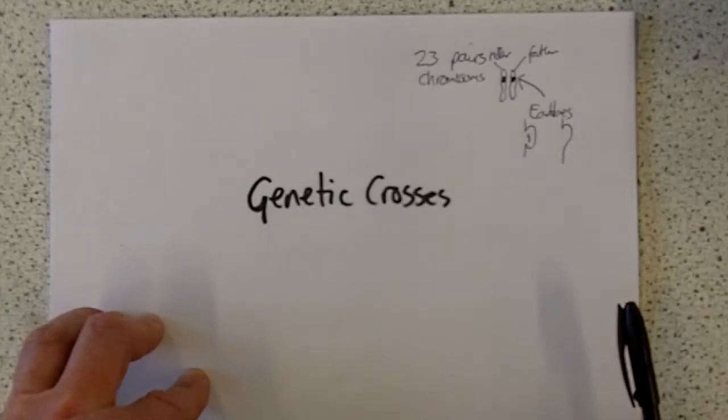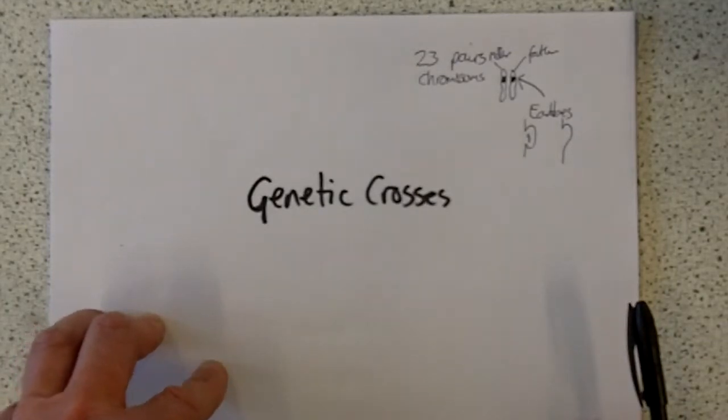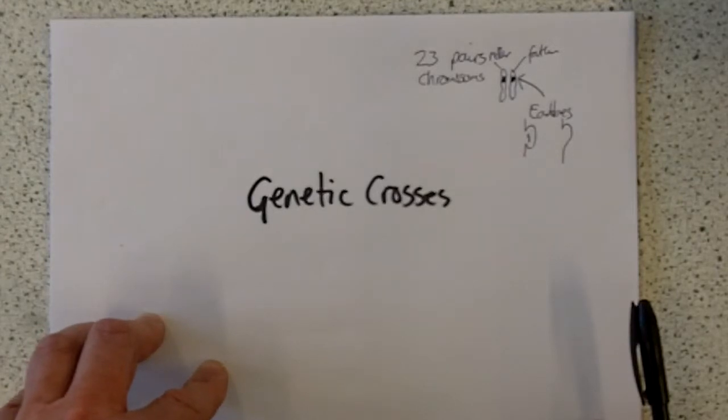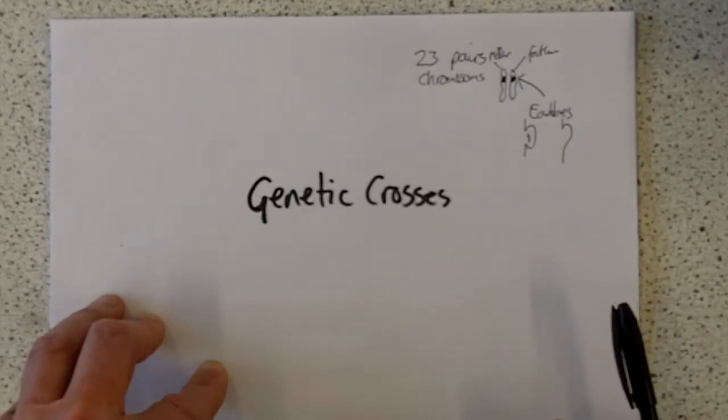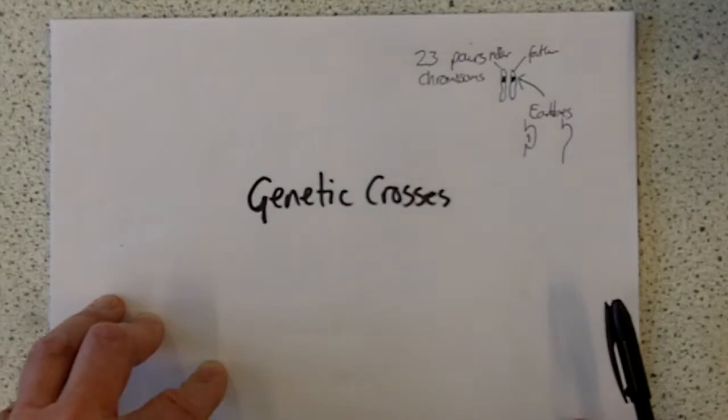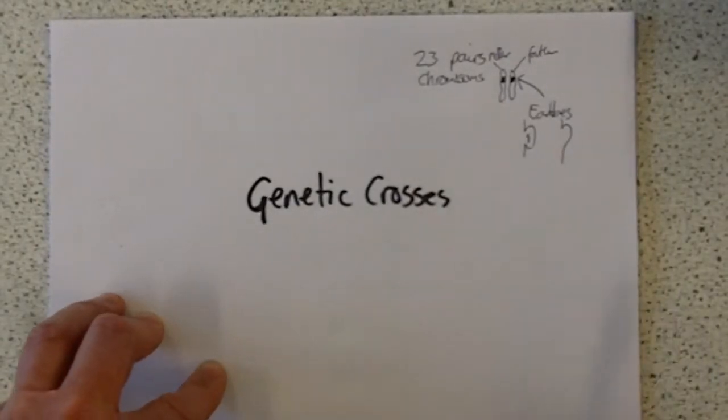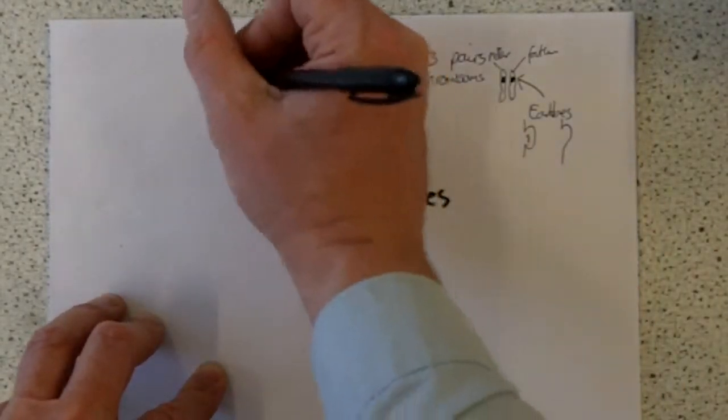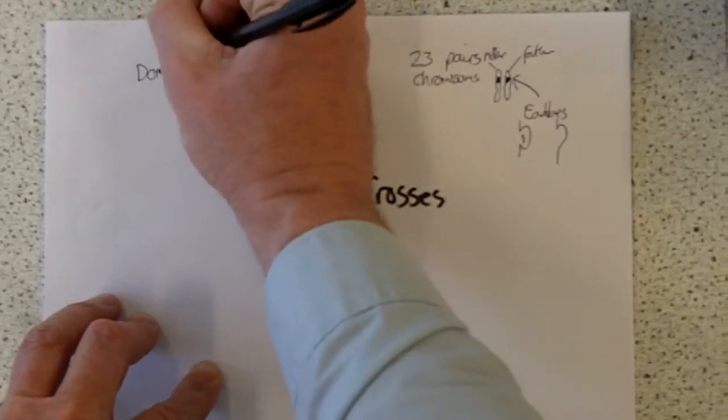attached or unattached earlobes. In order to work this out, we look at a mechanism known as a Punnett Square, and we have to understand the idea of dominant and recessive alleles. So let's start with dominant.